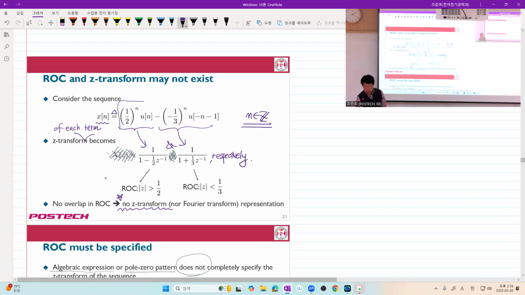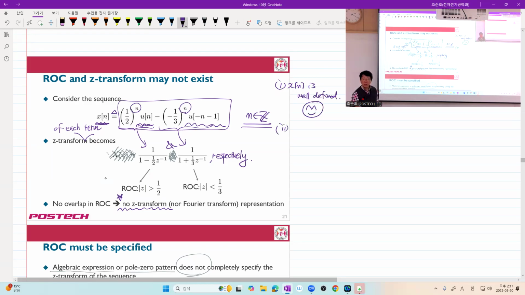Means this sum is okay, does not blow up or something. And for every n, either this part is 0 or that part is 0. And you have finite number in the exponent. So this signal x is well defined. So x of n is well defined. So we have a smiling face.